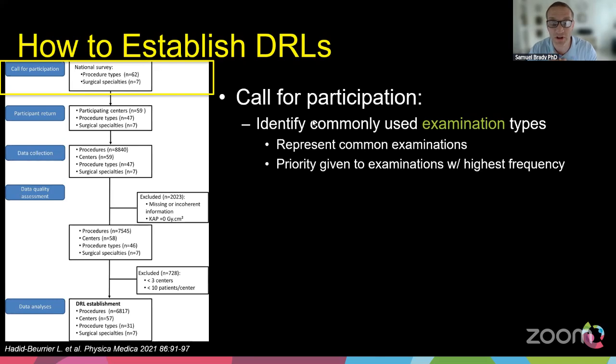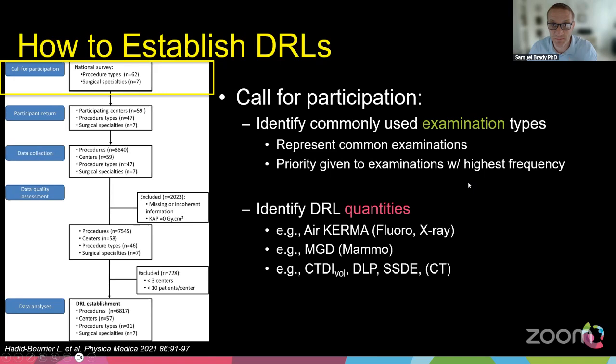More likely, we're going to give priority to the exams that are performed the most often, like common head exams, common chest CT, abdomen, pelvis. Those are the protocols that most people are exposed to when they go in for imaging. And it's a lot easier to calculate DRLs for 10 exams versus 200 exams.